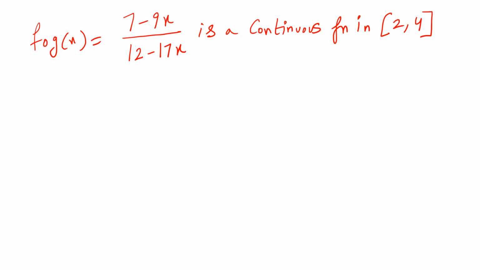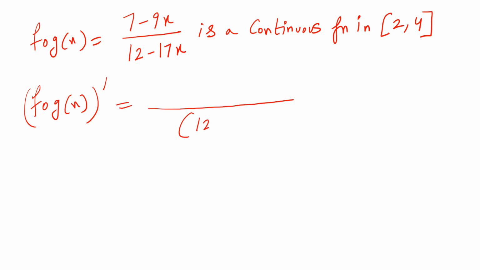Right? Now students, before finding the range of f(g(x)), we will first determine whether f(g(x)) is increasing or decreasing in this closed interval [2, 4]. For that purpose, we will find the derivative of f(g(x)) with respect to x, and for this you can use the quotient rule.